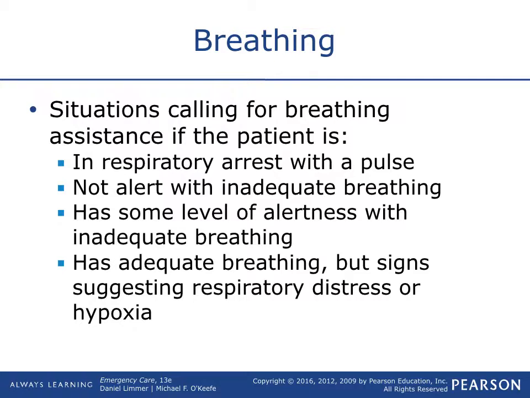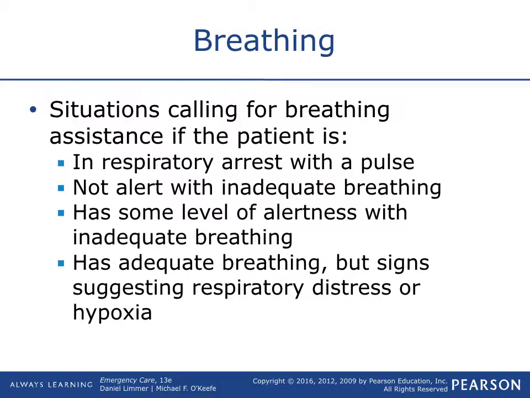So there are different gauges with the breathing. You walk in, and they're struggling to breathe, they're in a tripod position, but they have a pulse. My first thing is I'm going to intervene with that: non-rebreather mask, get them going on oxygen. Or they're not alert. If they have inadequate breathing and they're not alert, but have a pulse, my assessment is the same and my response is the same.